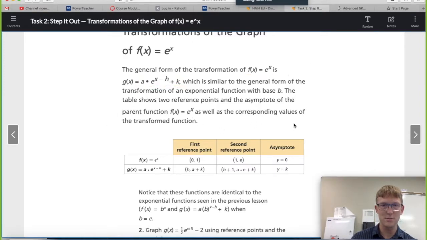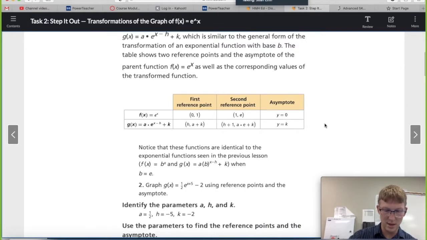Parent function, and so on. So the same thing that we did last time still applies. So using the first reference point and the second reference point and the asymptote, you can either graph from a function or take a graph and make a function from it by using some of these relationships that we have.